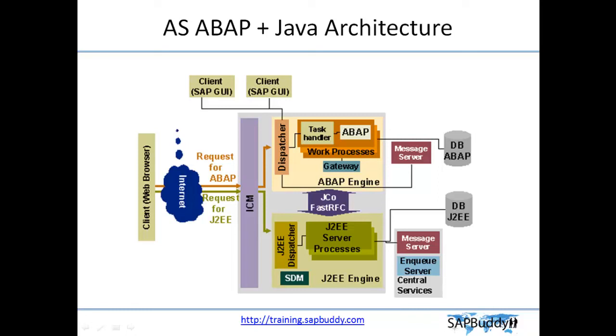Moreover, what you could see is that the data which is saved in your SAP systems, or saved in the ABAP stack, is in the Oracle database. However, you also have some specific data which is relevant for J2EE.